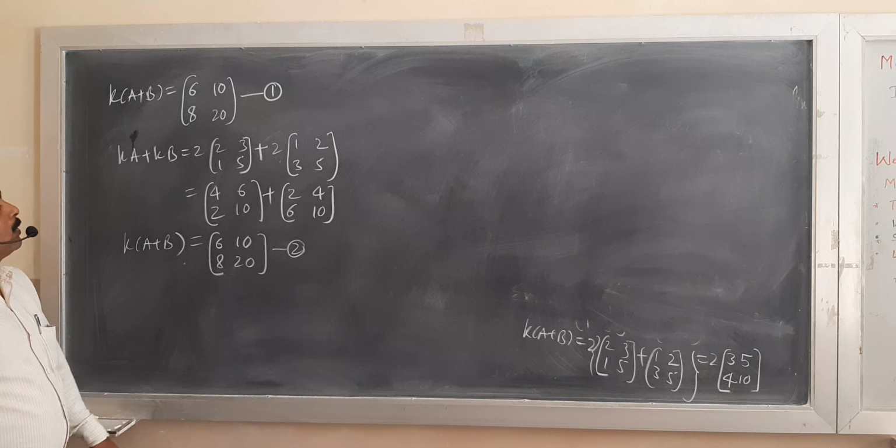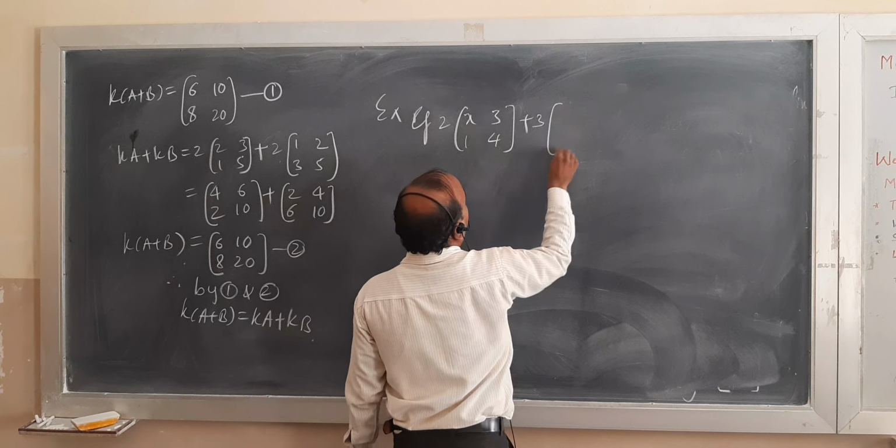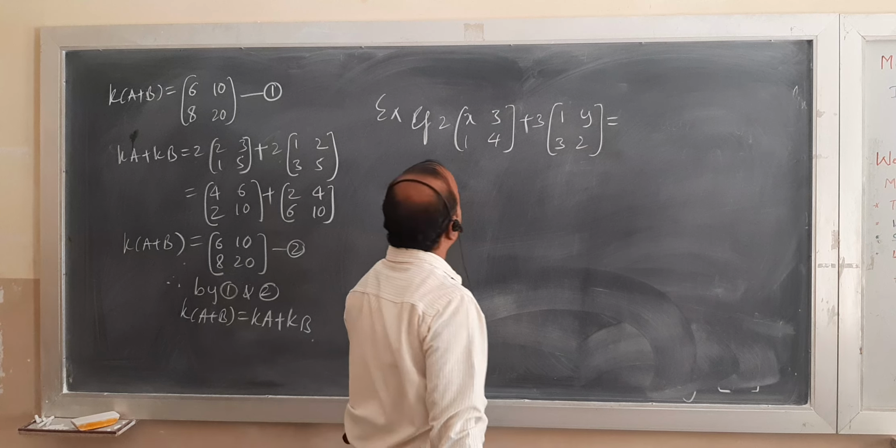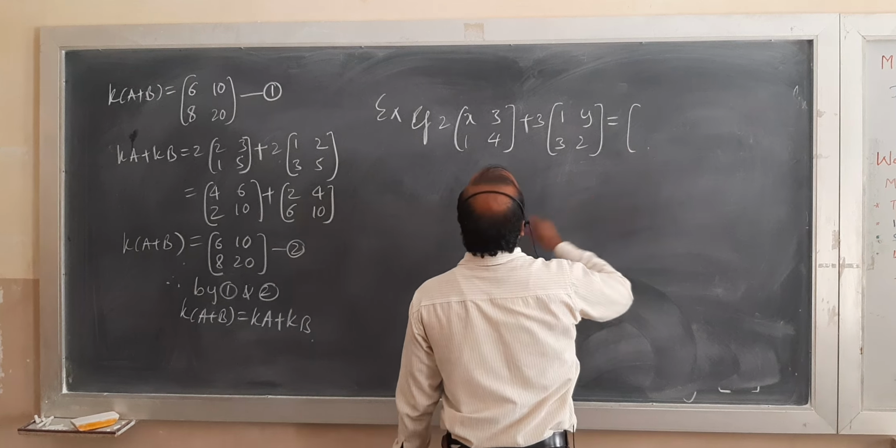Now we go for some of the important examples. Example: if 2 times of the matrix x, 3, 1, 4 plus 3 times of the matrix 1, y, 3, 2 is equal to the matrix minus 1, 6, 11, 14, find x and y.